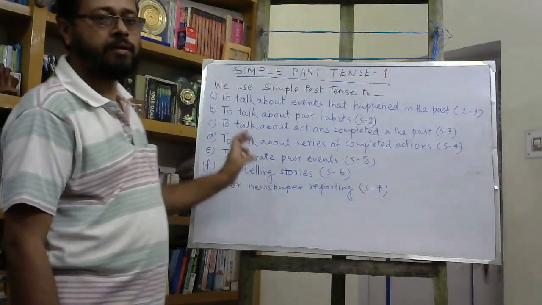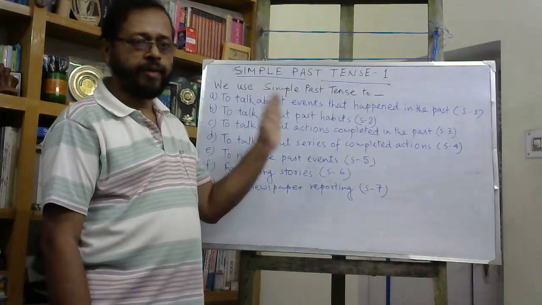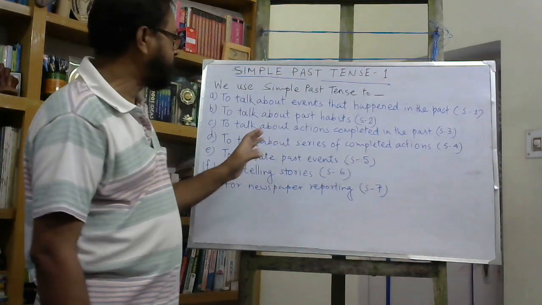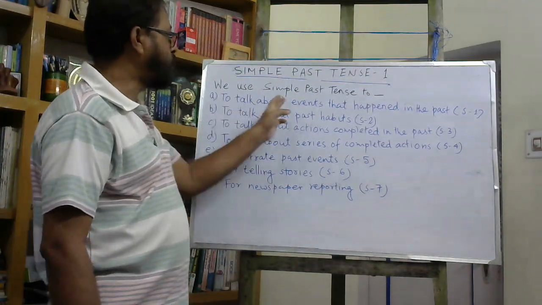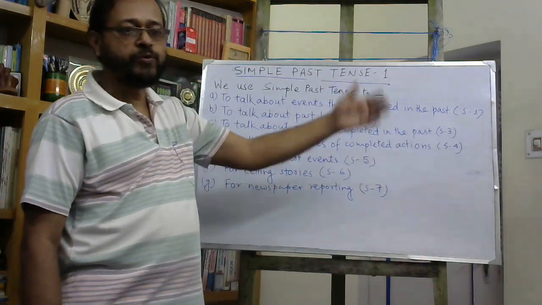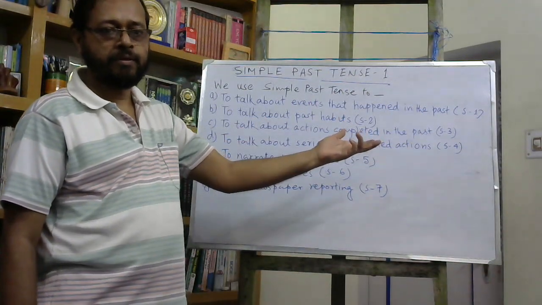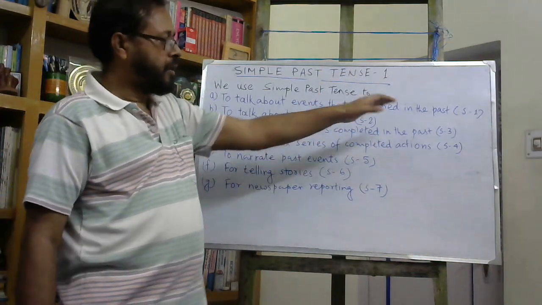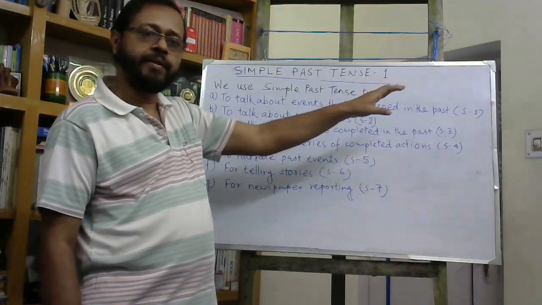Yes, now I have noted down the contexts when to use simple past tense. To talk about events that happened in the past. People used oil lamps. Okay, that is events that happened in the past.